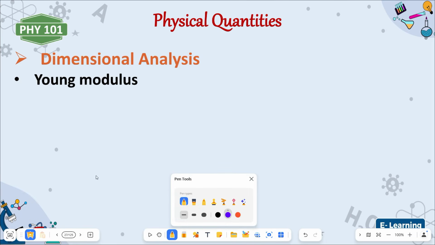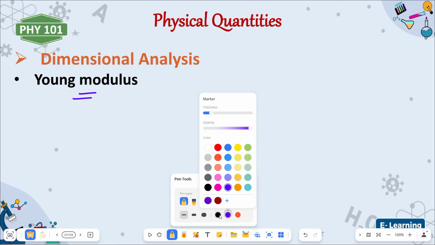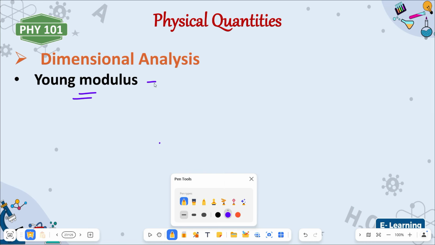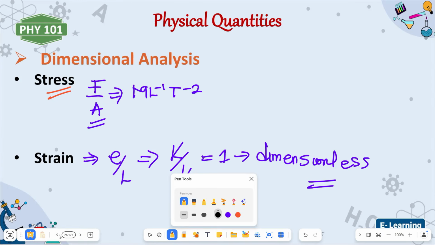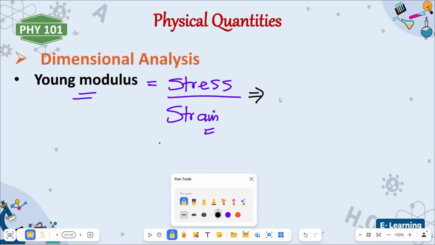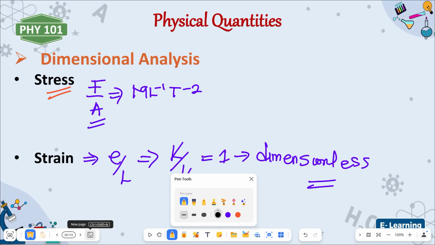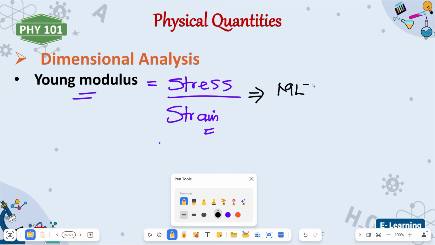So that is that. The next one is Young modulus. Young modulus is the ratio of stress over strain. Now my dear student, stress is force over area. So we have the dimension for stress earlier, ML minus 1, T minus 2. Strain, we say it does not have dimension, so it is 1.